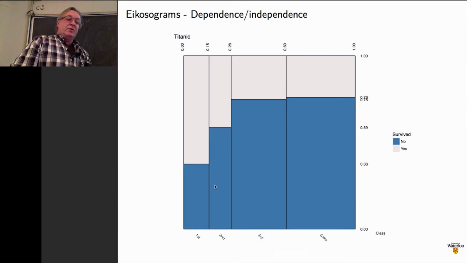You can almost see an association going on there as the class number increases. If we think of the crew being fourth class, the probability of survival decreases, or the probability of dying increases. So you see that kind of association. Everybody, any questions?